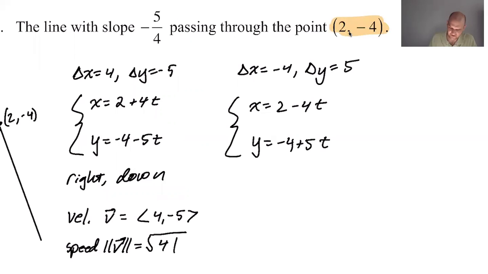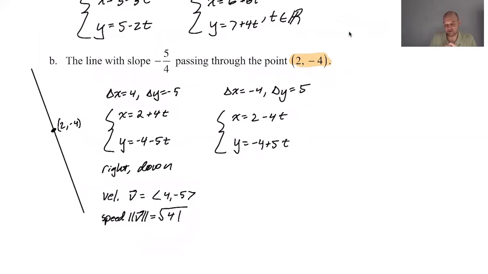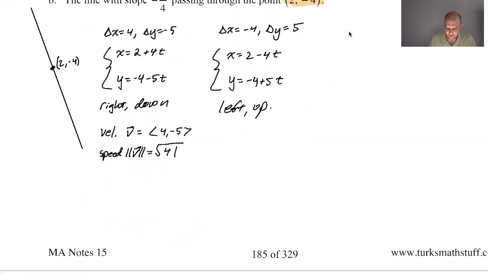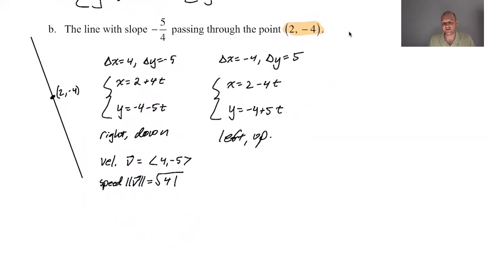What's happening? If t increases, x decreases, which means we're moving this way. And if t increases, y increases. So we're moving to the left and up.